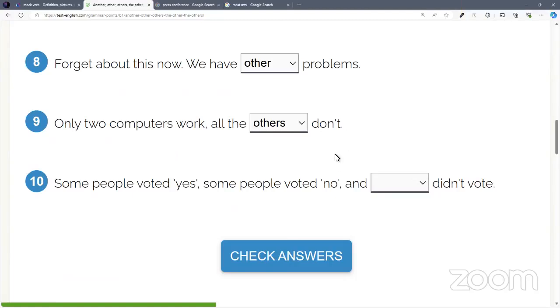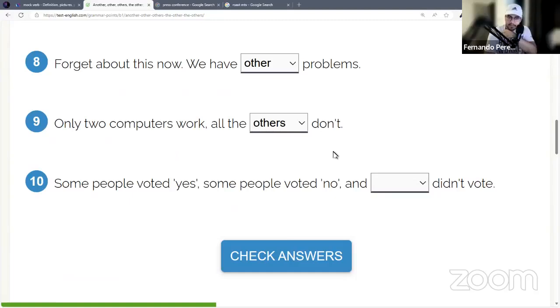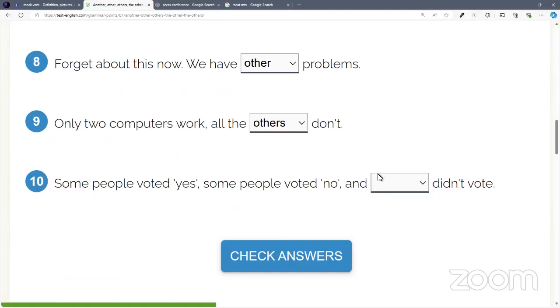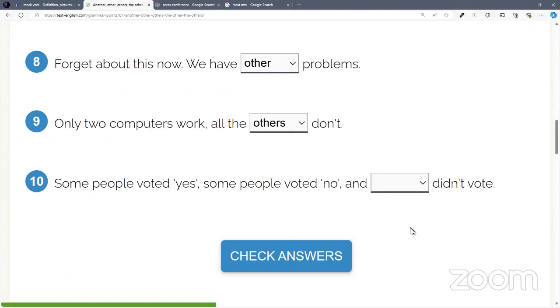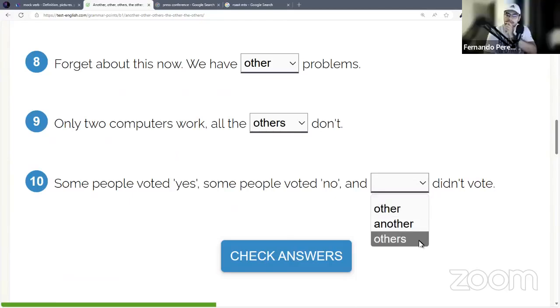The others with an S? And others. And others didn't vote. That sounds good. For me, it sounds strange. Other versus others, but I think you are correct, Jesse.